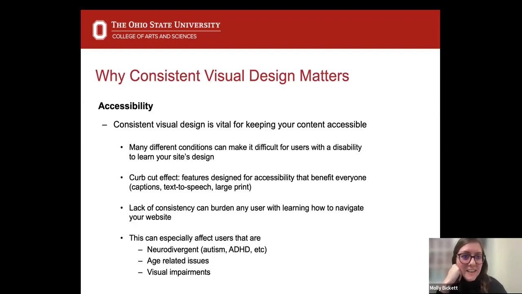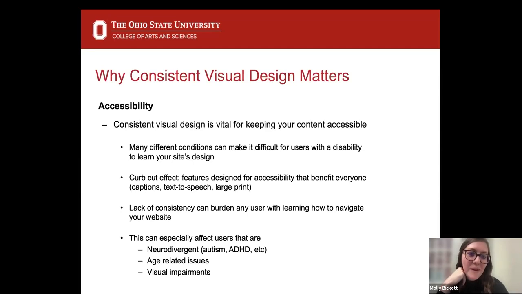Things like colors and contrast and font size, all things like that, alt text on images. These are all important and necessary for digital accessibility, but they also benefit everyone. Zach and I were talking about the curb cut effect, which is so fun to think about in practice here for websites.